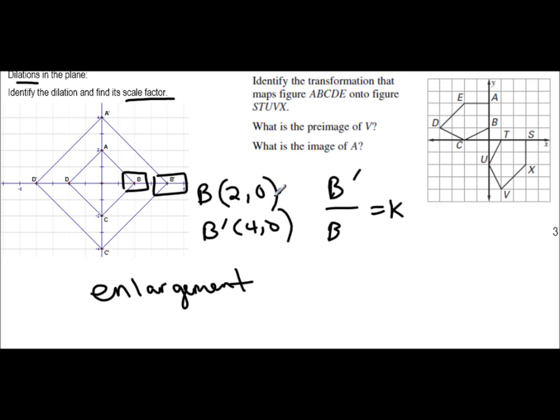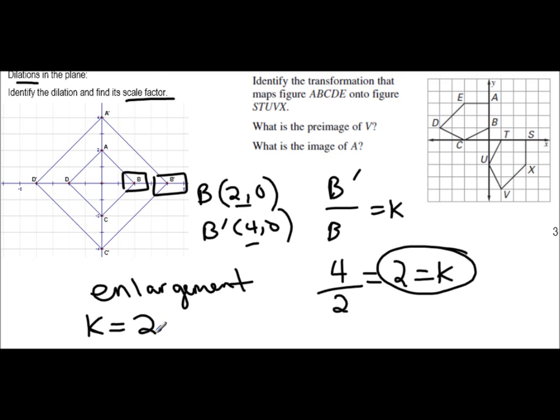That's not going to tell us anything, because 0 multiplied by any number is still 0. So we look at the number that did change, the 4 and the 2. So we take B prime, which is 4, over B, which is 2, and reduce it, which is 2. And that gives us our scale factor. So it has a scale factor of 2, meaning that ABCD got 2 times bigger.